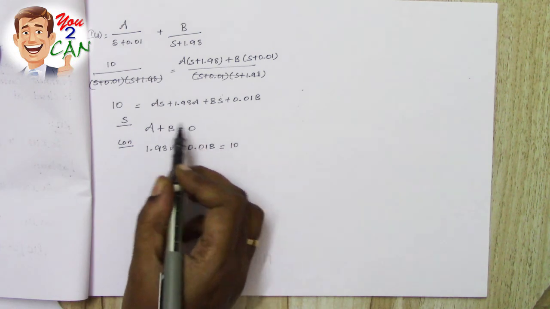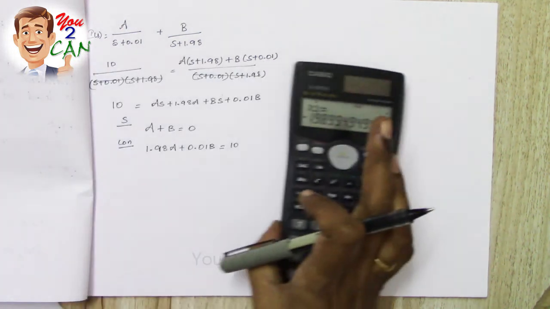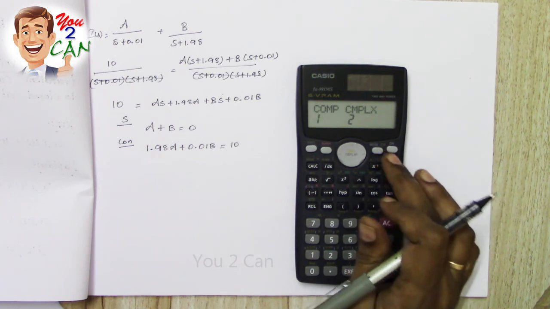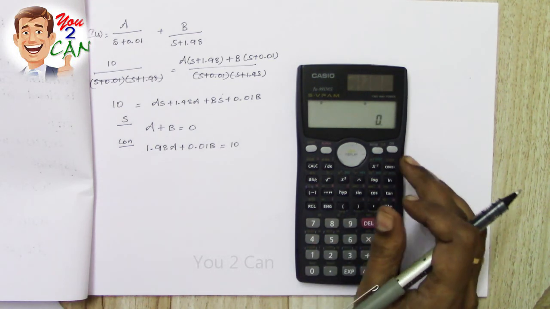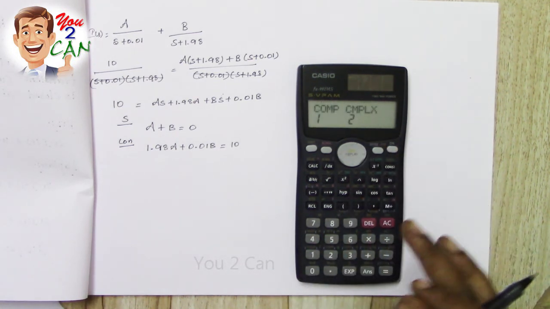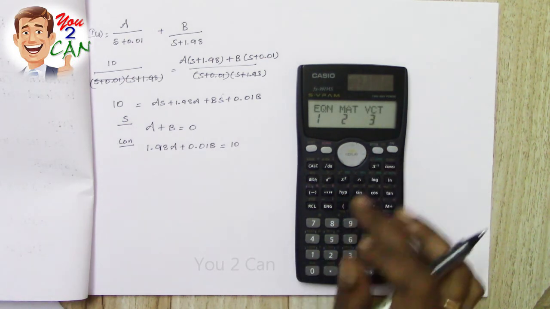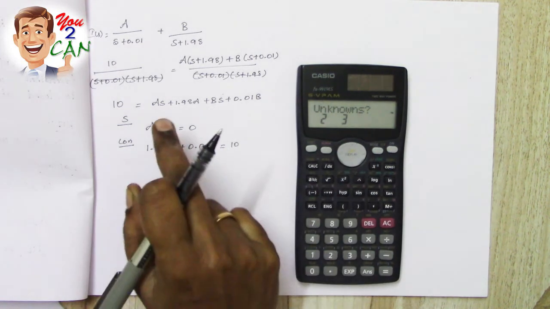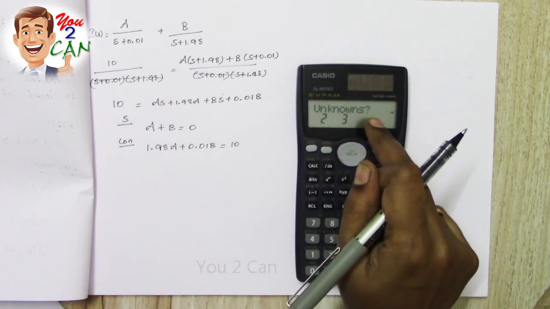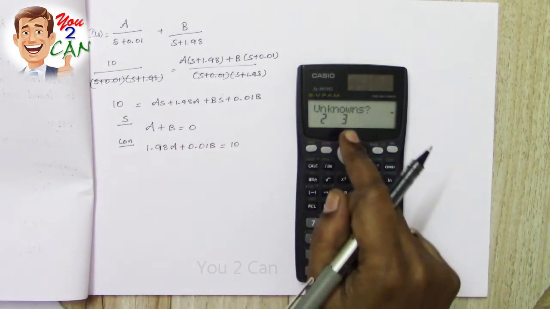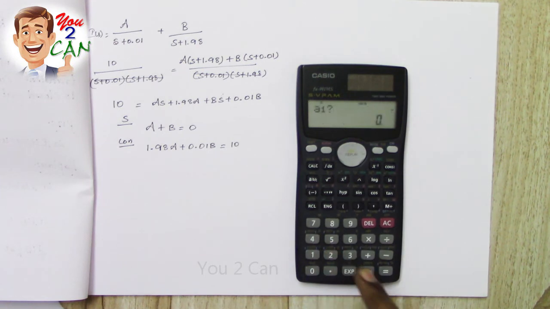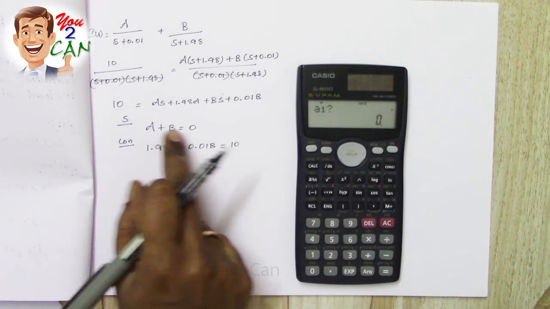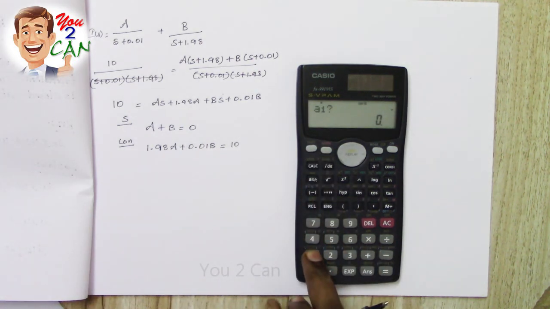So you can solve using equation mode in the calculator. For this you have to take the calculator and press the mode button, equation mode. Here you have unknowns. For solving the equations, you have to take these unknowns. Here a and b are two unknowns, so you have to press 2. This a1 is the coefficient of a in the first equation, so the coefficient of a is 1.